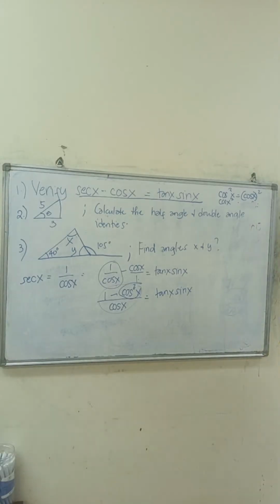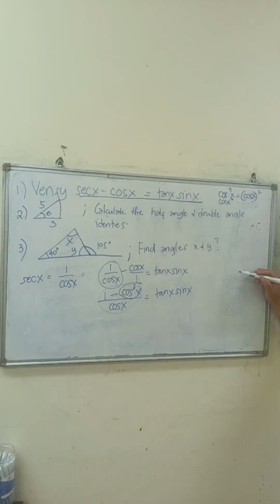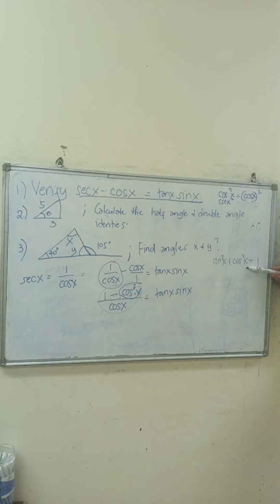Now this 1 minus cosine squared x relates to the first basic Pythagorean identity. We have sine squared x plus cosine squared x equals 1. But take note, Sir Sotero, that is 1 minus cosine squared x; it's not found here.